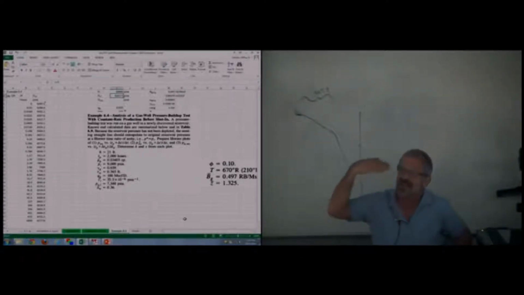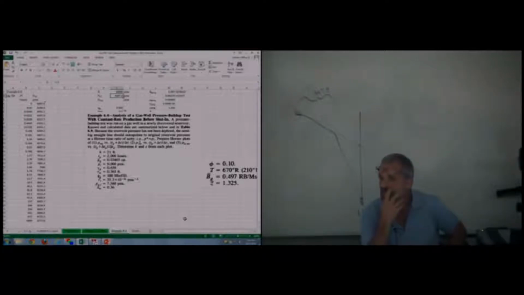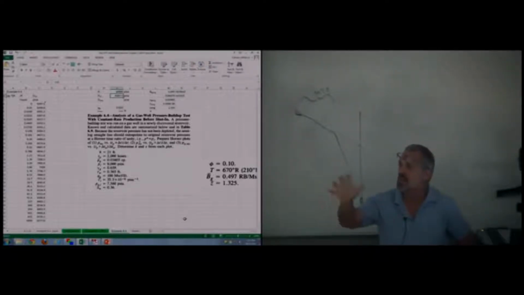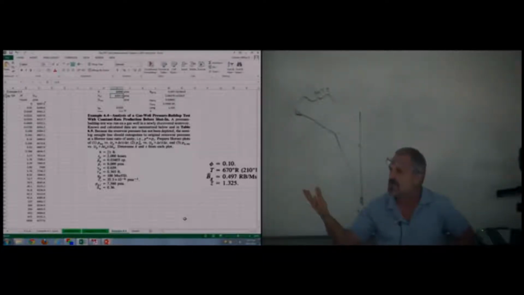Because it's going to be an iterative process. I'm going to be using probably that initial pressure for my fluid properties, but then I'm going to get a P star and I may change that. So let's just guess, and I don't want to guess too close. So I'm going to move it a whole 1,000 pounds away from what they told me, to show that typically we don't know initial pressure. That's the reason we're running a buildup.